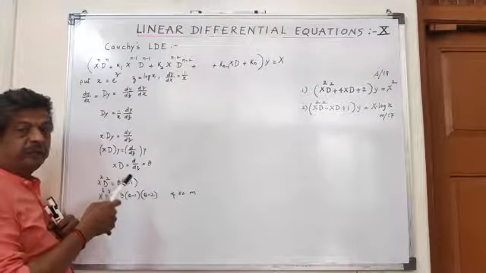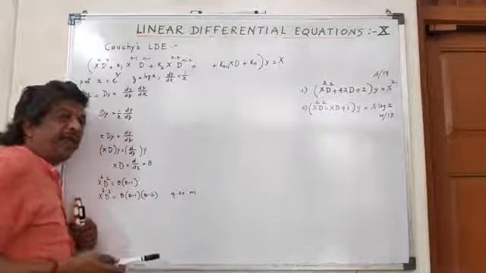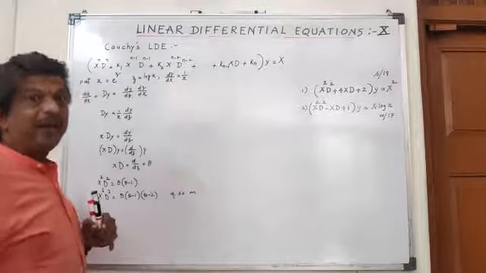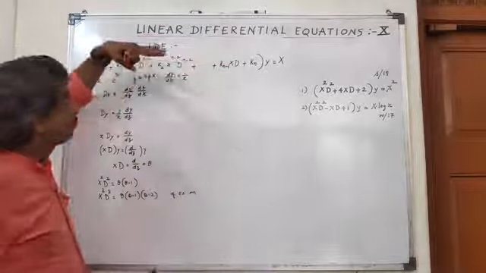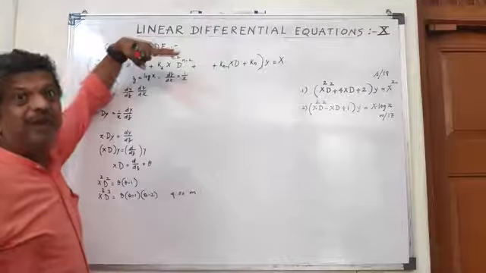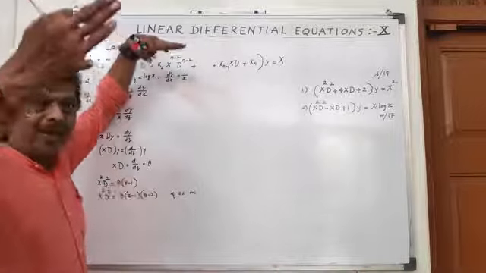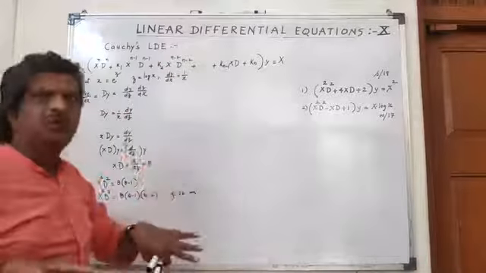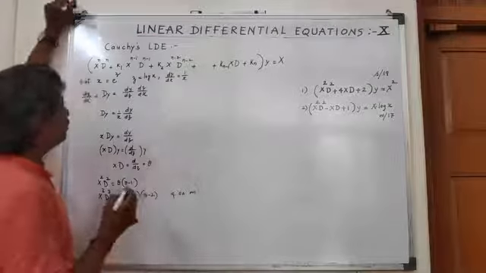If we substitute all these, xD, x square D square, x cube D cube, up to x to the power n, D to the power n, Cauchy's linear differential equation reduces to a linear differential equation with constant coefficients.